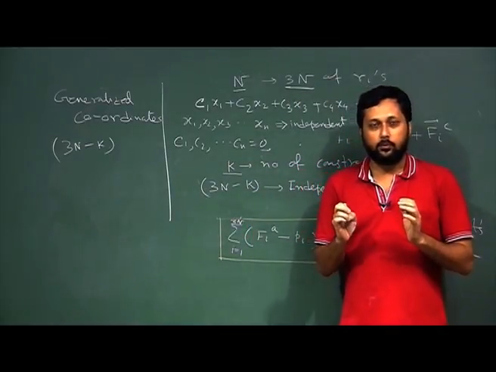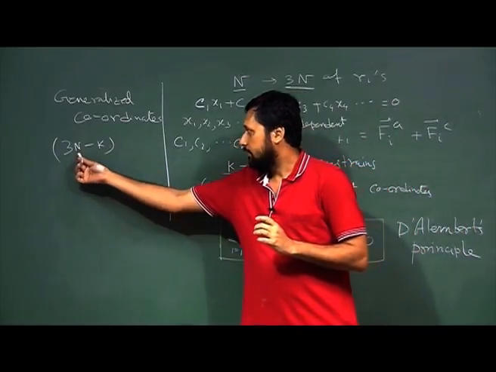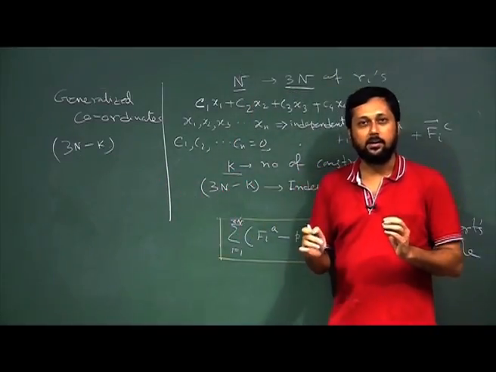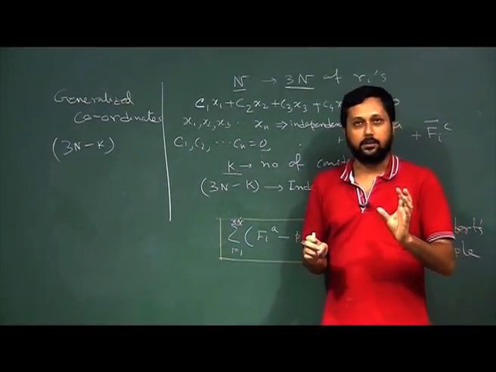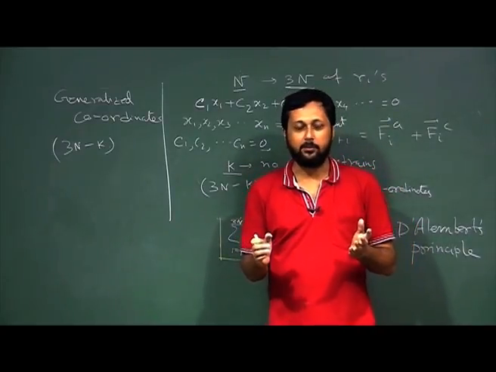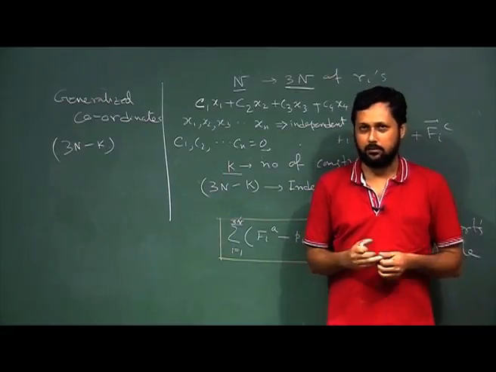So for a system with n particles and k constraints, we need 3n minus k independent parameters, and these parameters might not have the dimension of length typically, or angle, for example.